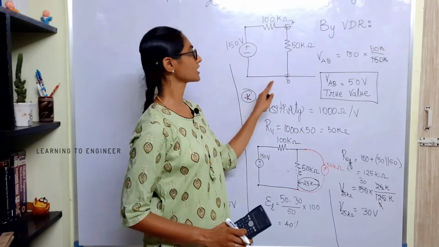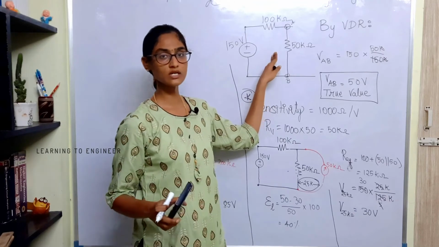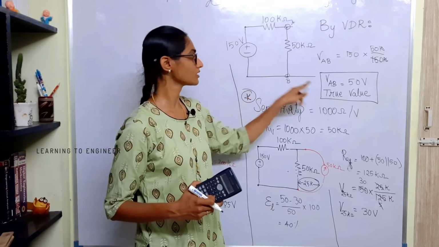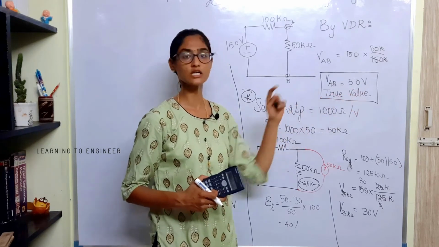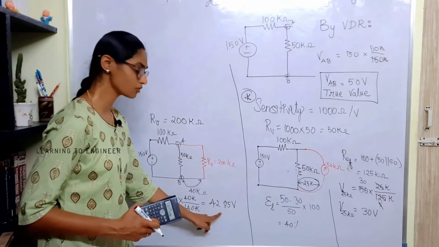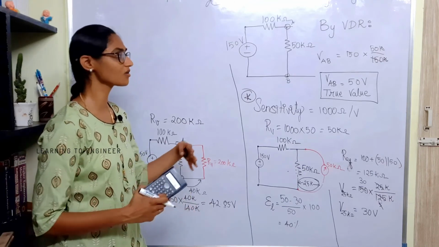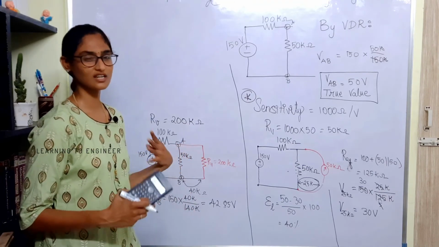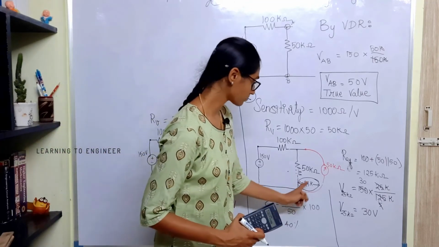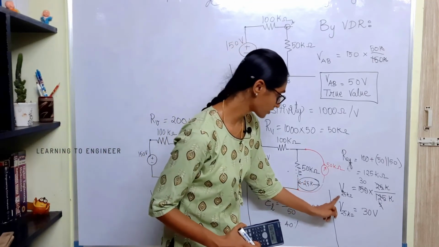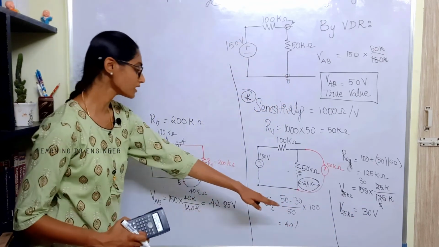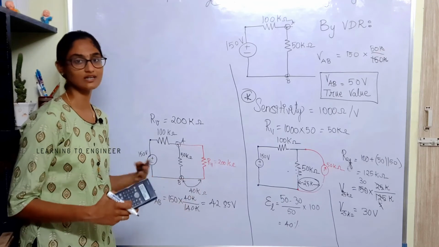Without any voltmeter, under normal conditions, the voltage across this pair is 50 volt. This is the true value. Now we are getting the voltage across AB as 42.85, which is a little close to 50, but still it is not the expected performance. But in the earlier case, the voltage across this was 30 volt, which is far less. So compared to that, this voltmeter gives a better reading.